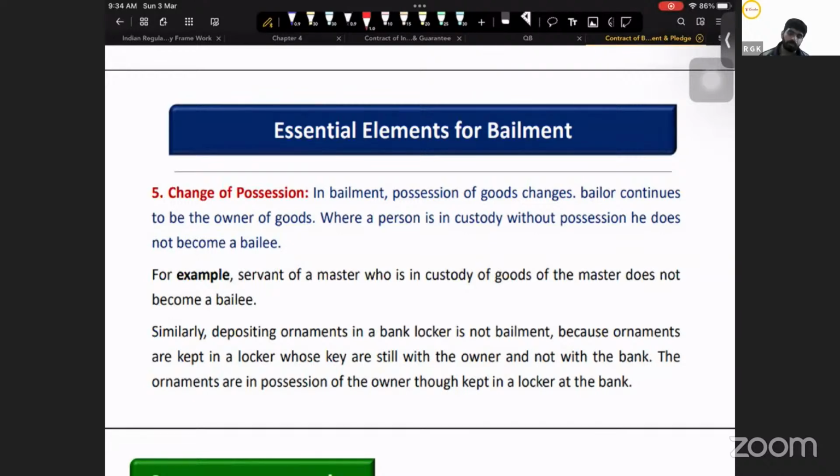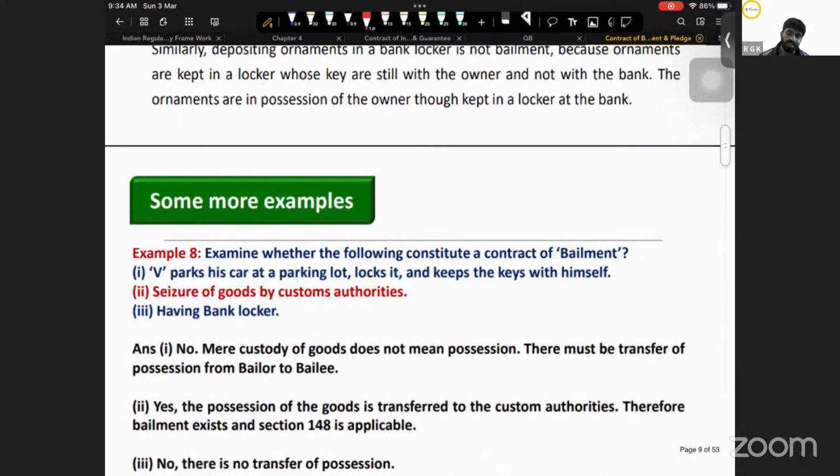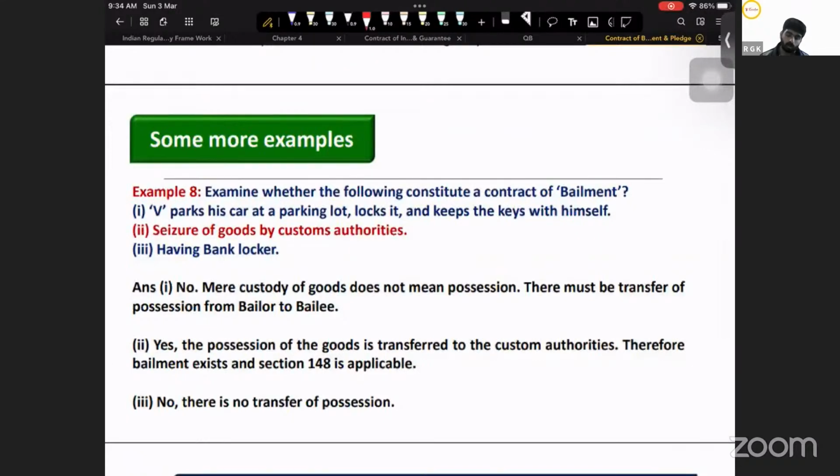Some more examples. Examine whether the following constitutes a contract of bailment. V parks his car at a parking lot, locks it and keeps the key with himself. Answer: you see, mere custody of goods does not mean possession. There must be transfer of possession from bailor to bailee.